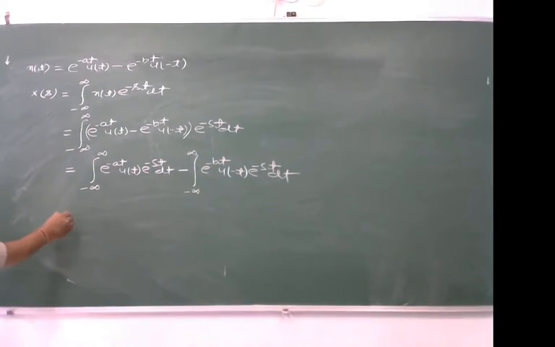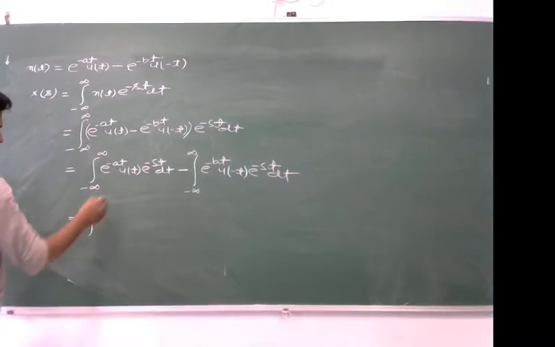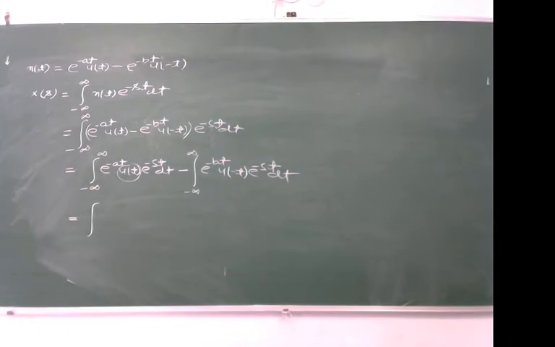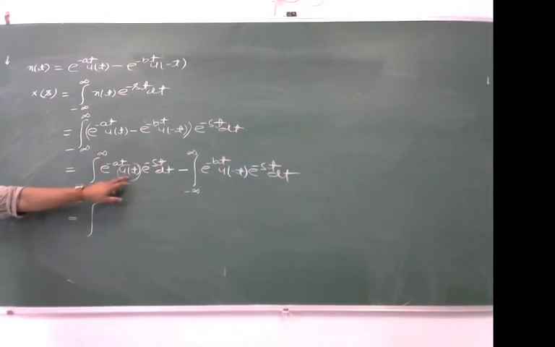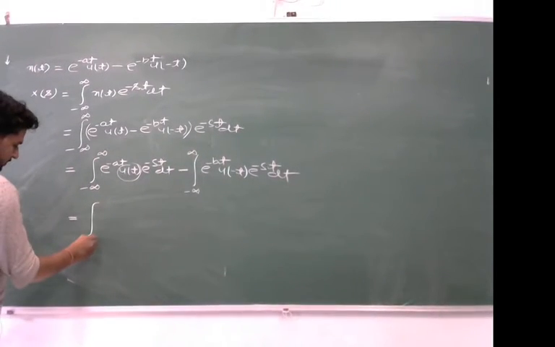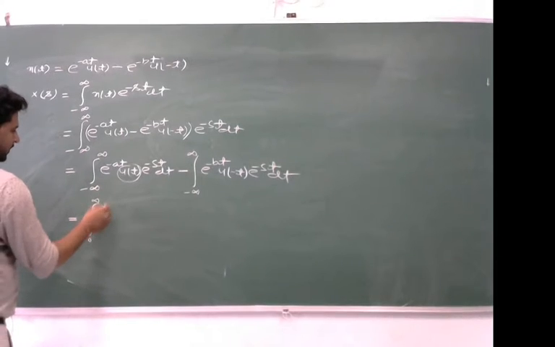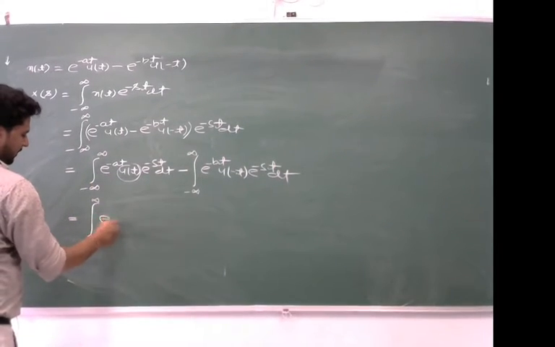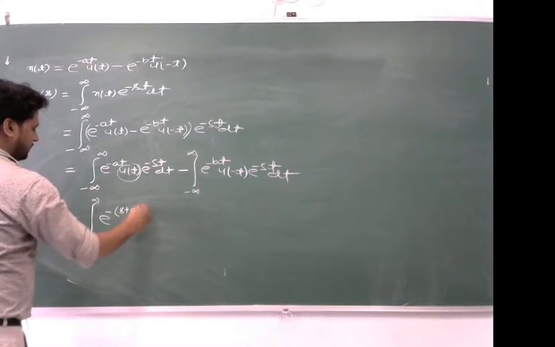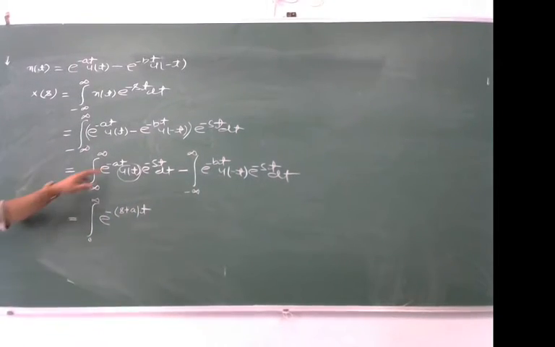or we can write it as: this u(t) will exist only from 0 to infinity. Before 0, the value of u(t) is 0, so I will put the limit here from 0 to infinity, and this will become e power minus (s plus a) t. I will take minus t common from these two powers.